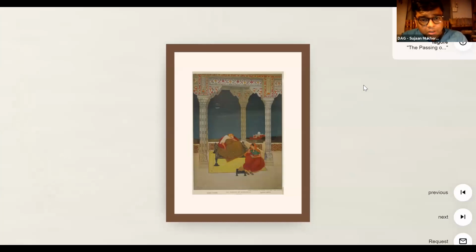So Abanindranath, as I think happens with many of us, just couldn't make sense of the kind of oil painting that was being taught in these schools and colleges, and he just couldn't paint with oil on canvas. And he really struggled with that.